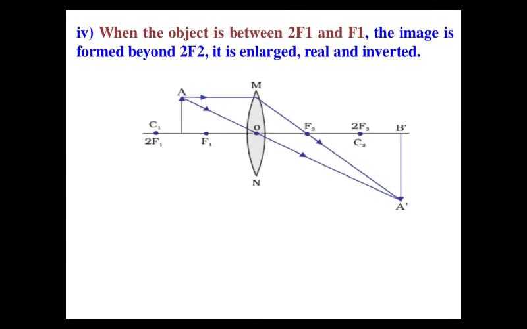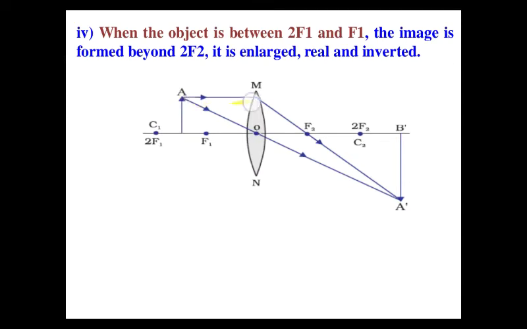Next is when the object is between 2f1 and f1. It means the object is placed at more distance than the focal length but less than twice the focal length. So here we have placed the object.